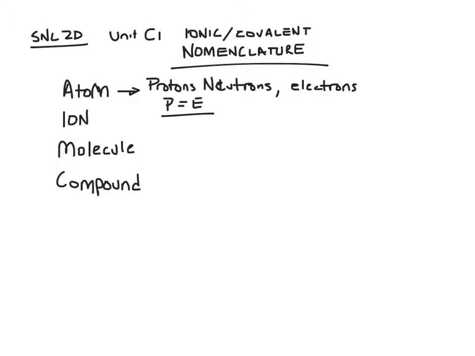Okay? An ion is more of what we would call the stable version. It's the stable version of an atom. Basically, what you've done to make it stable is you have filled the outer shell with electrons.